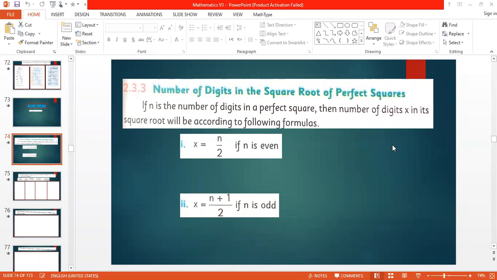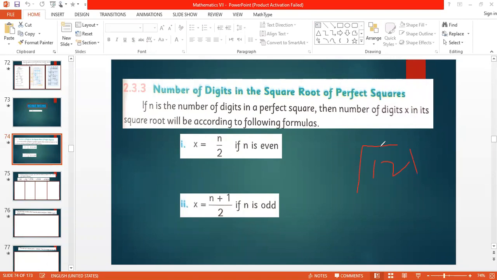Okay, today we will study the number of digits in the square root of a perfect square. What does it mean? It means if we have a number like this one, when you find the square root, you will get a number.